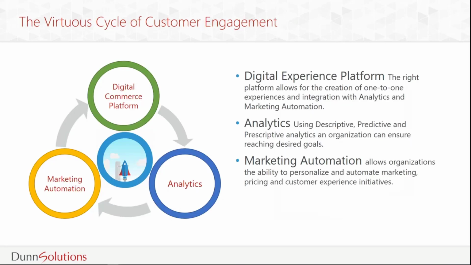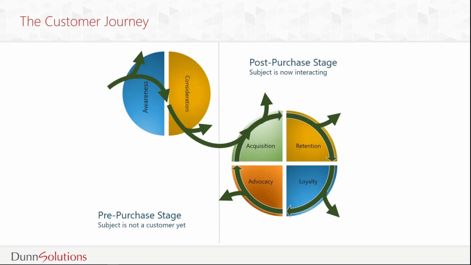We truly are a 360-degree digital commerce and transformation consultancy because in addition to providing analytics and marketing automation solutions, we also help clients integrate them in their digital platform. From there, the cycle starts all over again. We help with all the stages of this process, and we refer to this as the virtuous cycle of customer engagement.